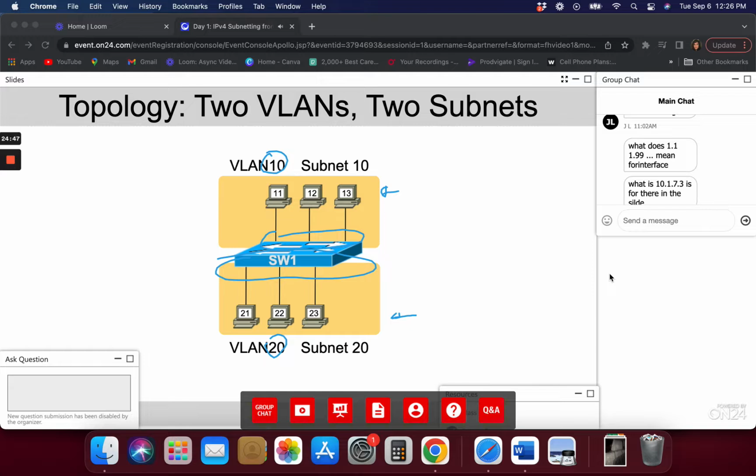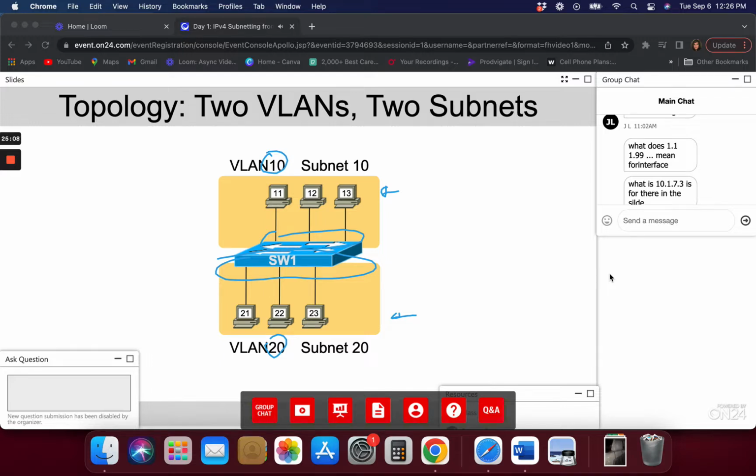So I'm going to start with a set of addresses that are not subdivided, and I'm going to subdivide it into subnets. By the way, the word subnet means to subdivide a network. So we're going to cut our loaf of network, if you will, into usable slices, usable subnets. We need two, one per VLAN.